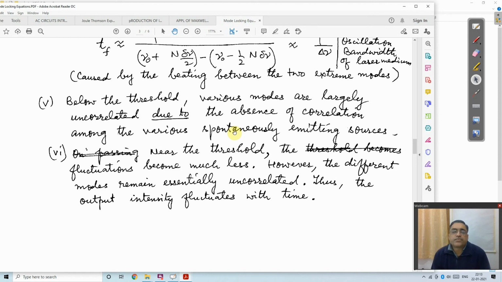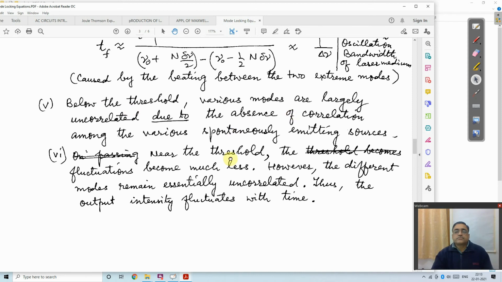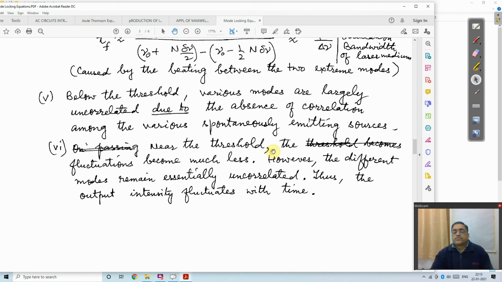However, the different modes remain essentially uncorrelated. Thus, the output intensity fluctuates with time. So that is the reason here at this point, near the threshold, we see a sharp peak here.